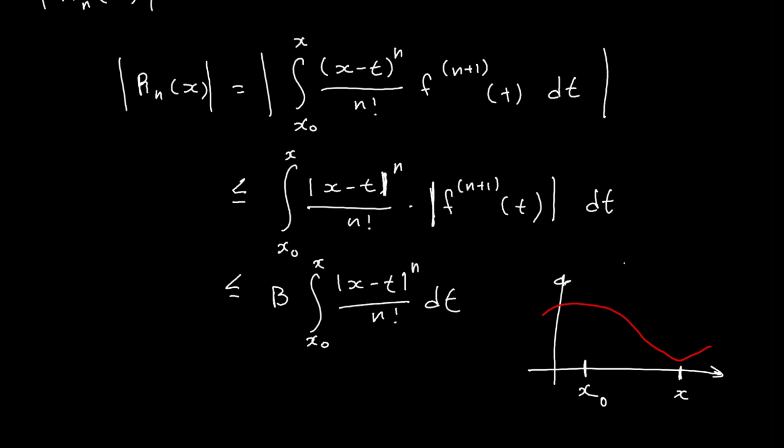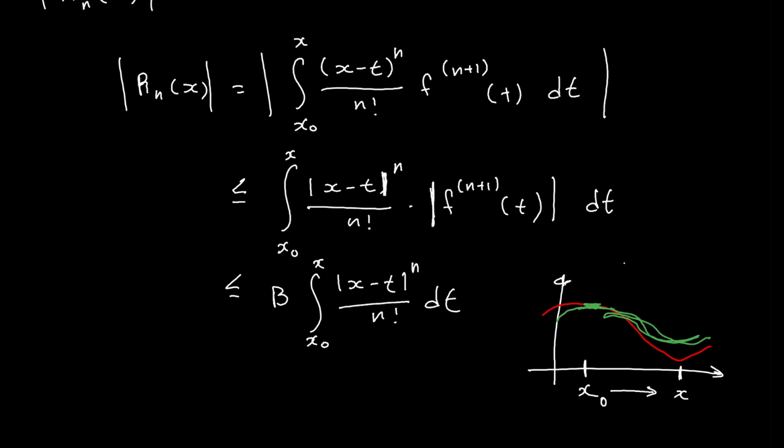It's going to get really good at x naught. If x is to the right of x naught, this value is going to be positive. If it's to the left of x naught, the integral is going to be reversed, so it's going to be negative. So first, let's look at the case where x naught is less than x.